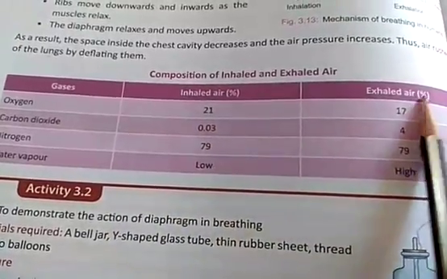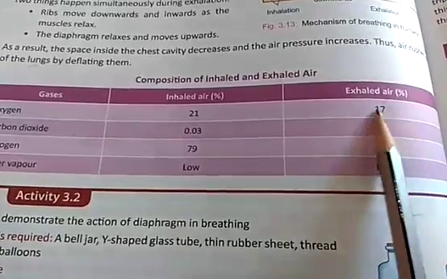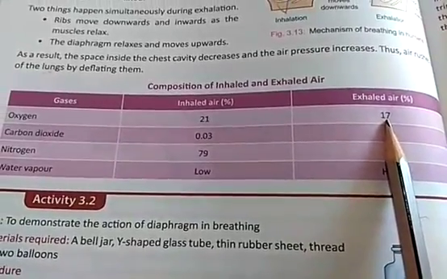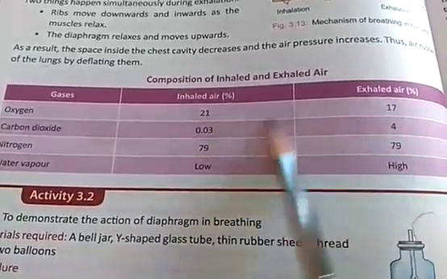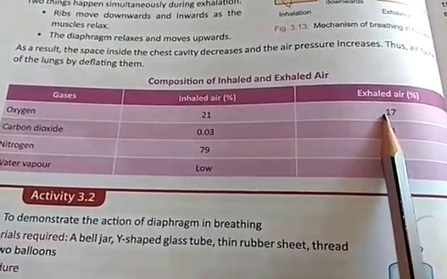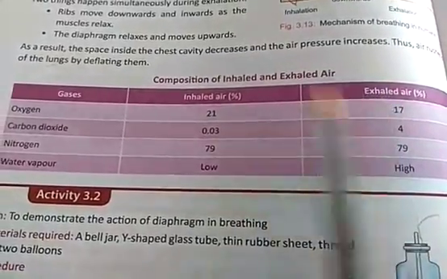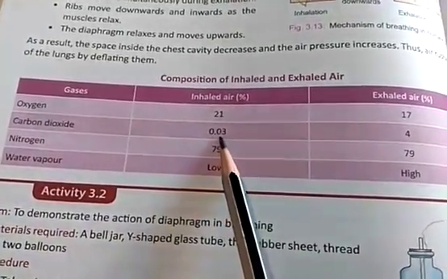But when we are exhaling, some of the oxygen is sent back, as it is not used in one go. So how much have we used? Only 4%. Only 4% of the oxygen we inhaled was used, and the rest of the oxygen we exhaled back. Now carbon dioxide in the atmosphere is 0.03%.